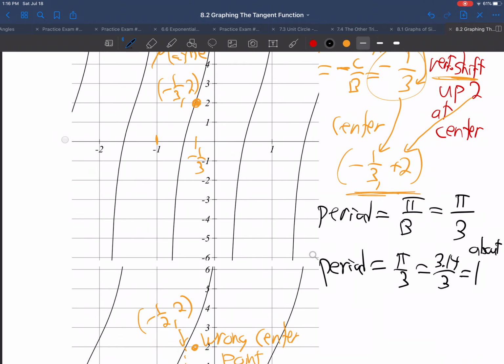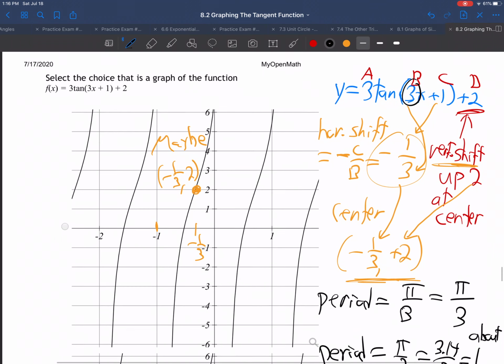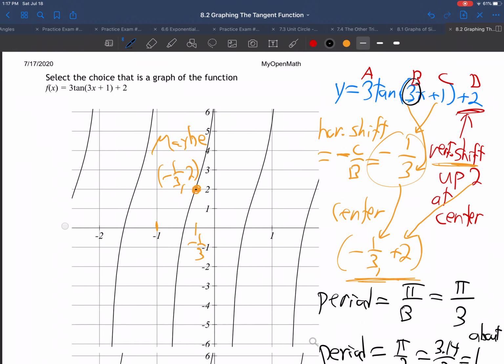That's how far it is between cycles. It's about 1 between cycles. So if we go from here, does this look like it's about 1?